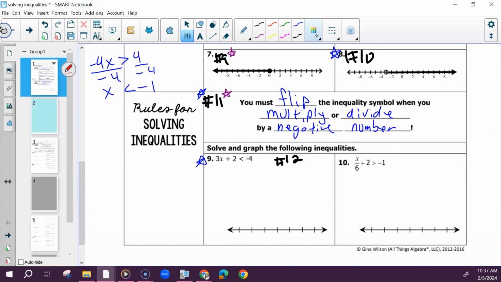However, if this is positive 4x is greater than -4, and I divide both sides by a positive 4, the sign does not change. So what you're dividing by has to be negative in order for the sign to change.